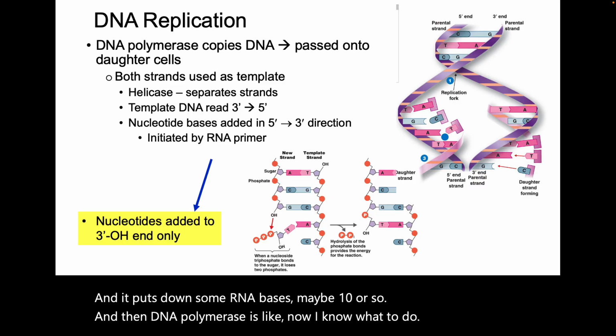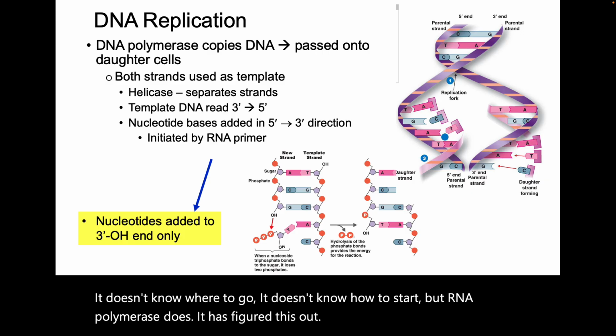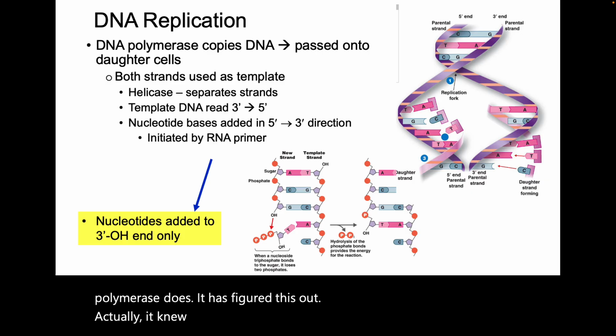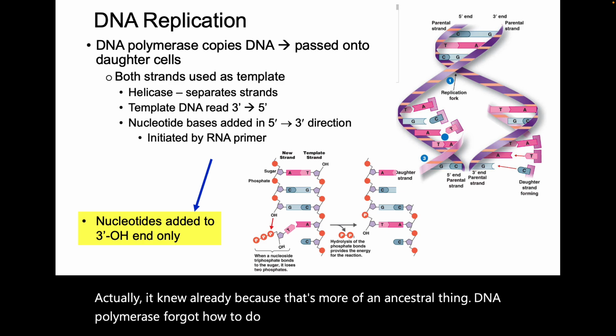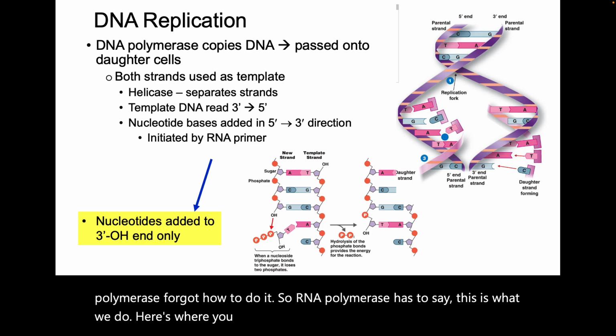It doesn't know how to start, but RNA polymerase does. Well, actually, it knew already because that's more of an ancestral thing. DNA polymerase forgot how to do it. So RNA polymerase has to say, this is what we do. Here's where you go. Here's your free 3'. And DNA polymerase can come in and start adding the bases.